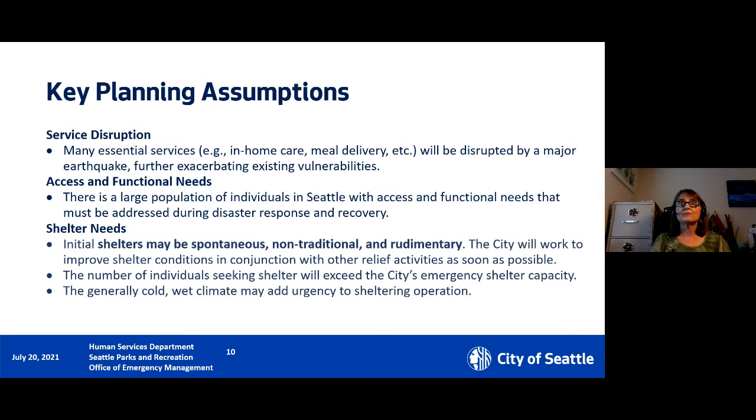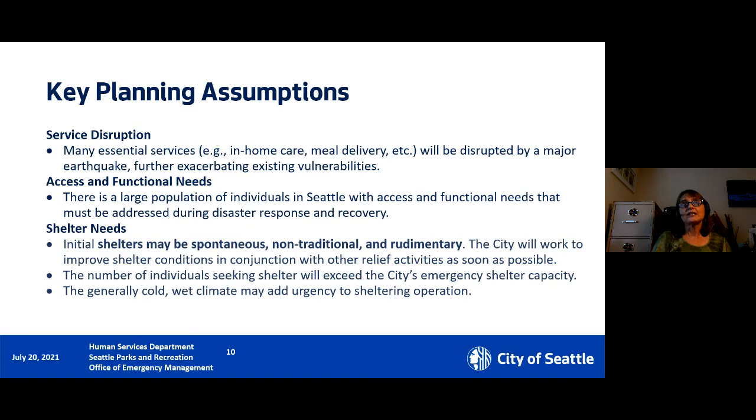Additional planning assumptions are that service disruption will occur, some of which are providing key life-sustaining support. So, for instance, in-home care and meal delivery will be disrupted by a major earthquake, further exacerbating existing vulnerabilities.